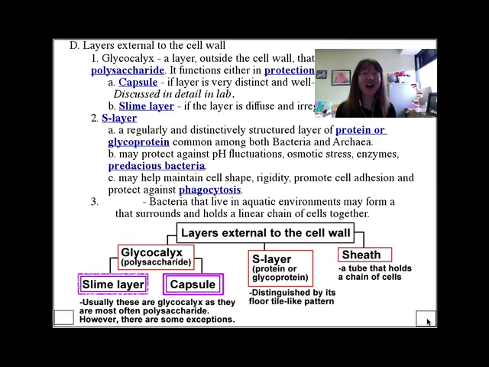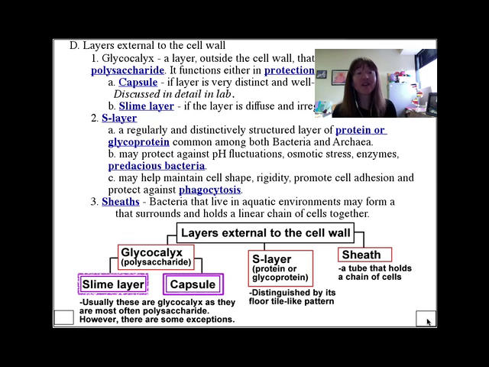So pretty cool. If I were a bacterium, I would totally want to have an S layer because it's sweet looking. It'd be kind of like having a sweet snake skin jacket that's really highly patterned, and it protects you. It's very, very protective.